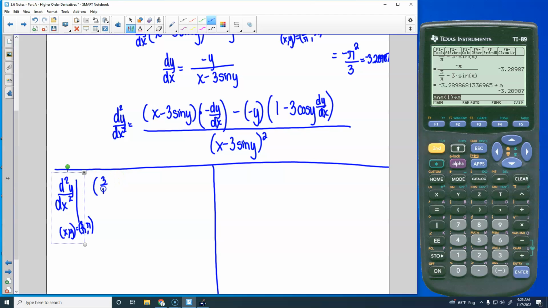So you've got 3 over pi minus 3 sine pi, times negative pi squared over 3, plus pi times 1 minus 3 cosine pi, times pi squared over 3, over 3 over pi minus 3 sine pi, squared.